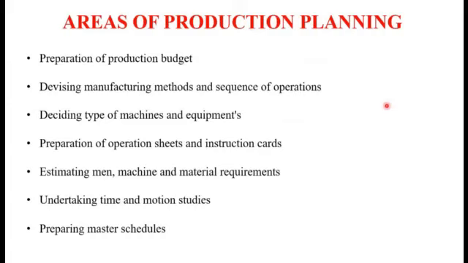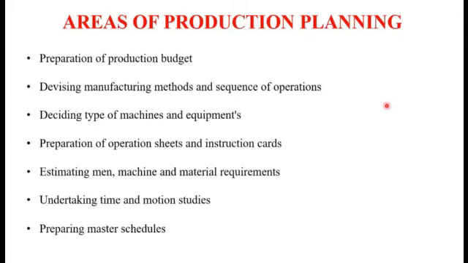In areas of production planning, there is the preparation of the production budget, and while preparing the production budget, this PPC can help. Then, devising manufacturing methods and sequence of the operations, where production planning can support.